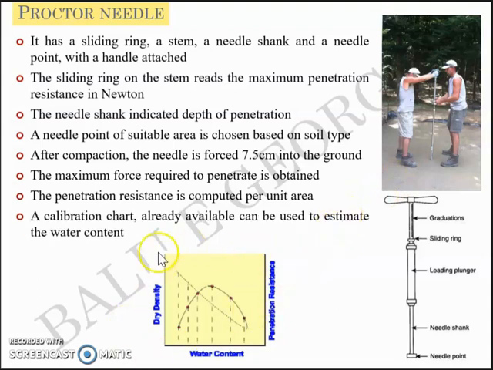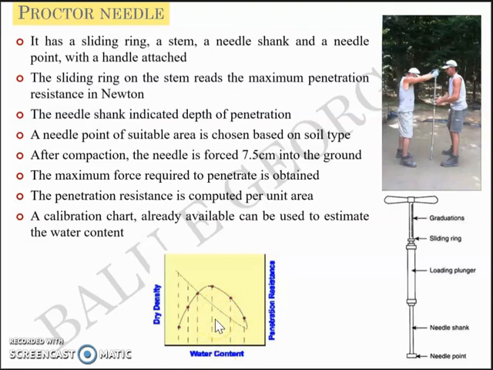And you have a calibration chart already available along with the Proctor needle, which you can use to estimate the water content. So the water content is on the x-axis, the dry density is on the y-axis, and you have a secondary y-axis where the penetration resistance is marked. So once you know the penetration resistance, you can get the water content using the calibration chart.